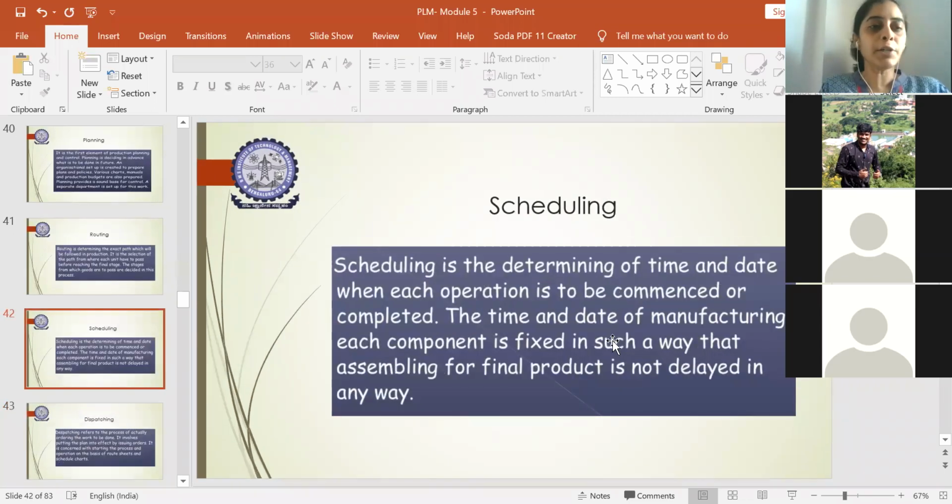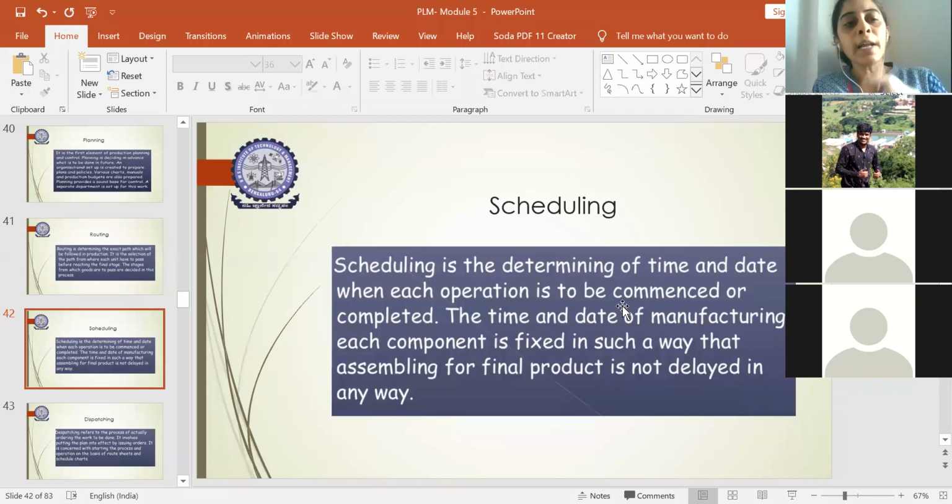Then scheduling, I told about this. Scheduling is also very important. Scheduling is determining the time and date when each operation has to be commenced and completed. So this work has to go on as per the timetable without any delays or reasons. If any particular person is not able to do the work, it has to be assigned to another individual so that it goes as per the schedule and there is no delay.